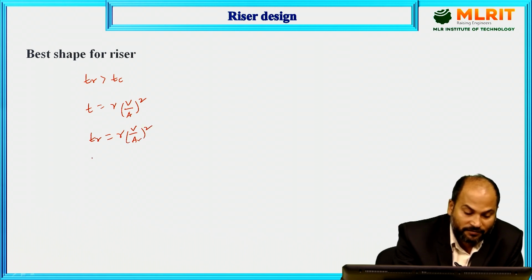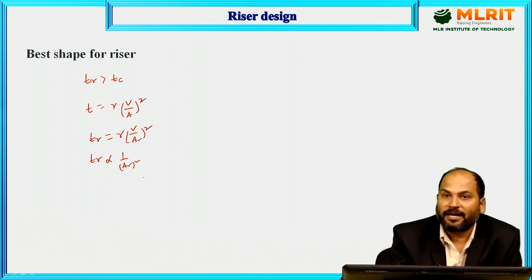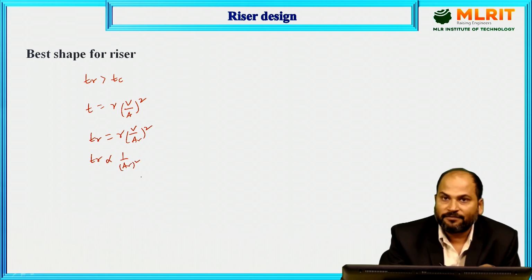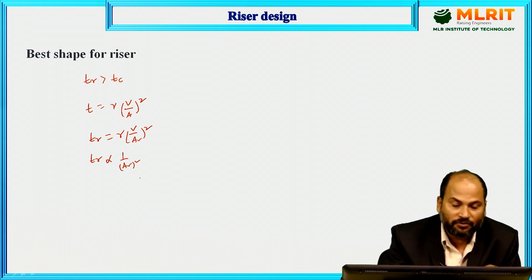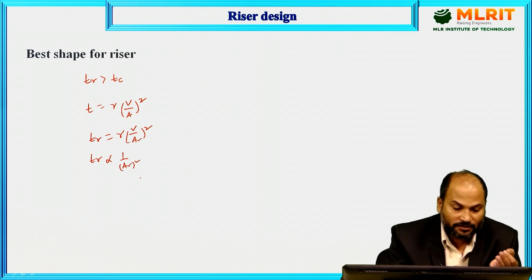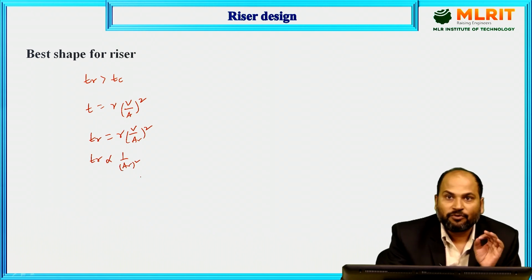From here we can see the solidification time is inversely proportional to the square of the surface area of the riser. So if the surface area of the riser is minimum, the solidification time will be more, which is what we need for the design of the riser. So what should be the optimum size?